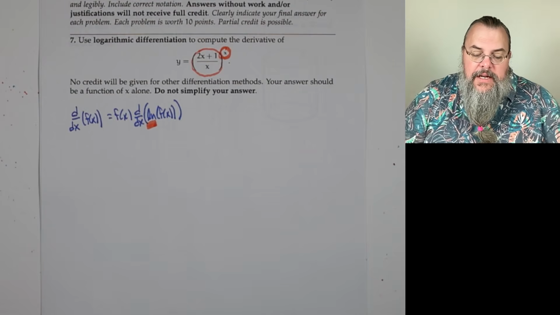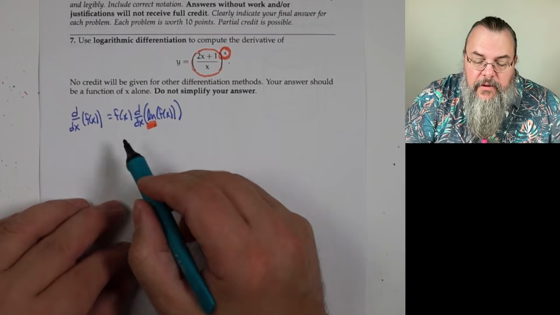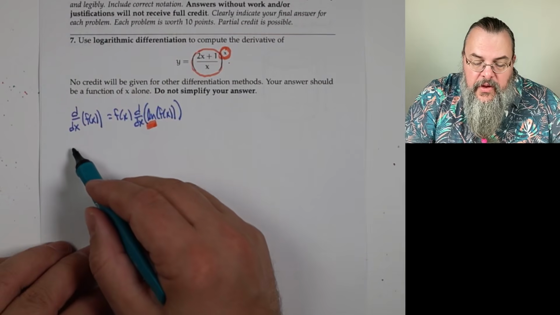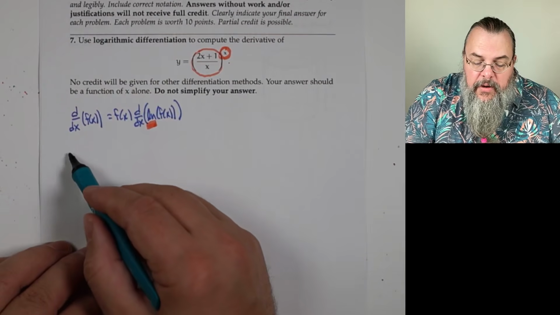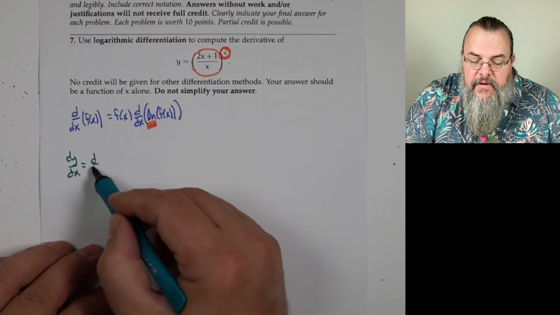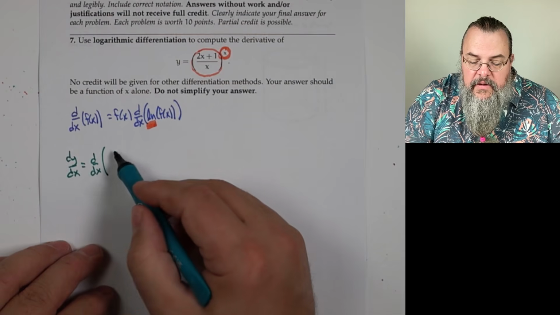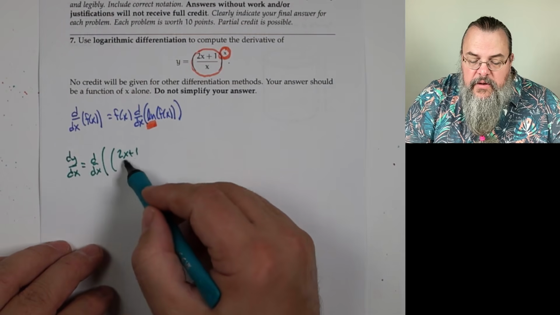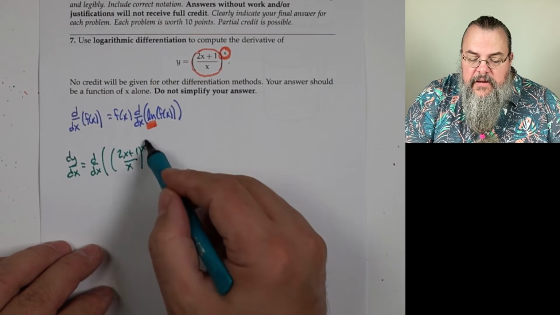All right, now with that in mind, for us, we have dy dx. Well, this is the derivative of (2x plus 1 over x) to the x.